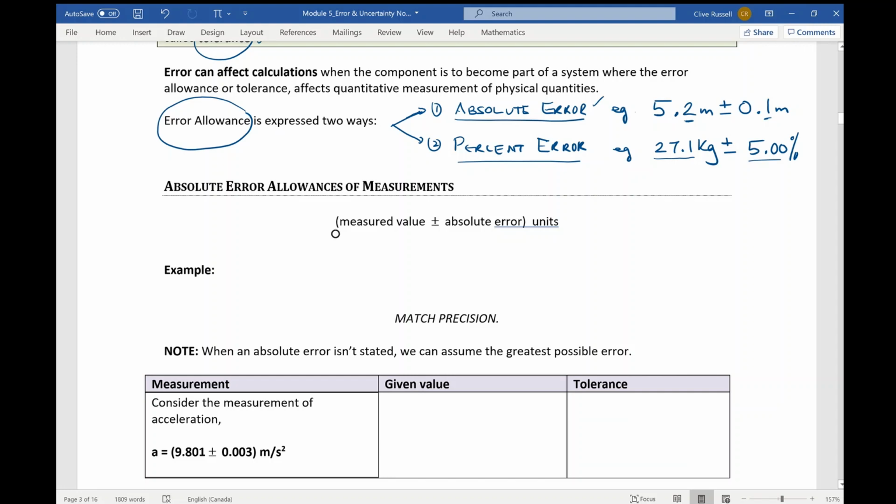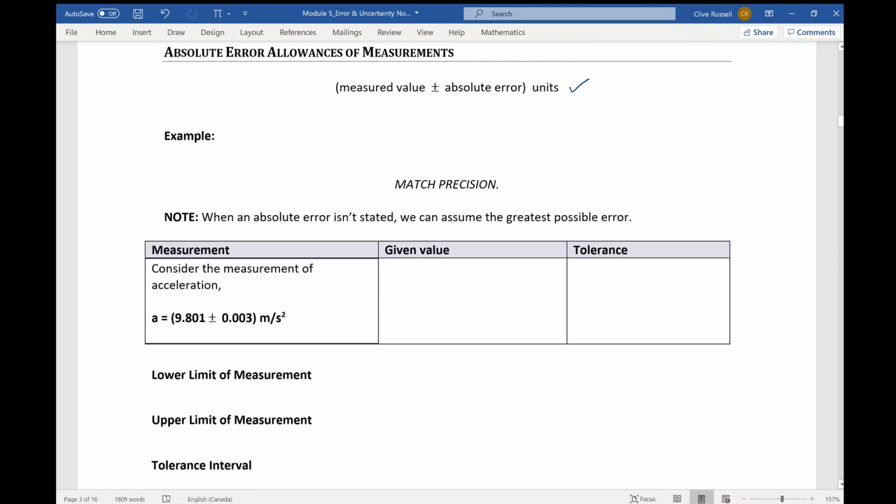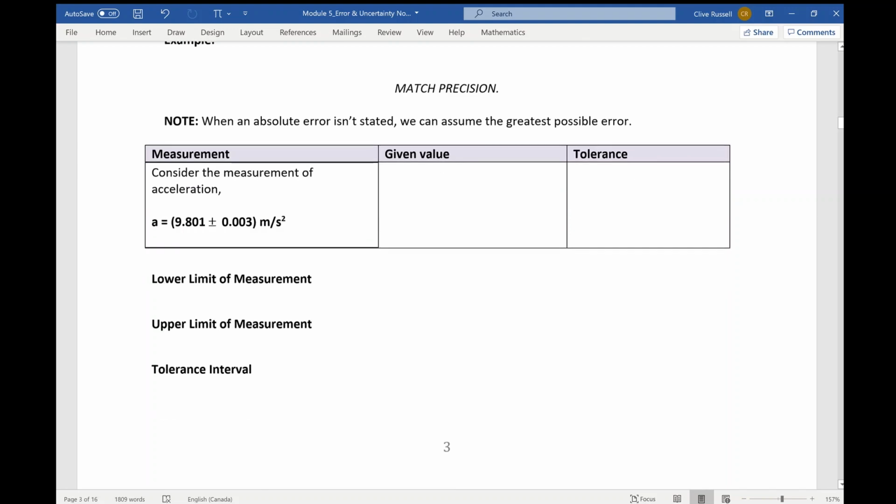Measured value plus or minus absolute value. So we're looking at absolute values first. Let us go down to this example here. It says, consider the measurement of acceleration: a is 9.801 plus or minus 0.003 meters per second squared.